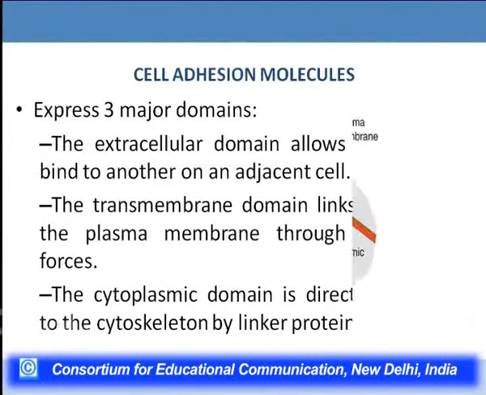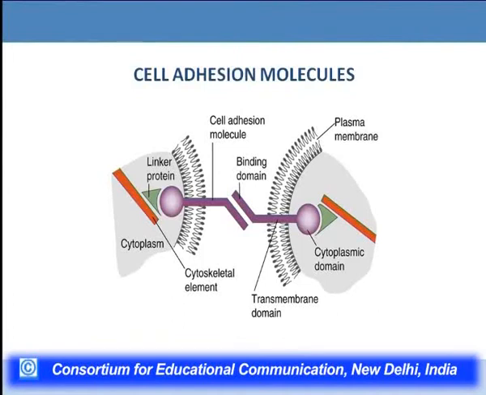Now this particular panel shows us the basic structural features of the cell adhesion molecule. There is a cytoplasmic domain present in the cytoplasm, then there is a transmembrane domain which spans the plasma membrane, and there is an extracellular domain which binds to other such cell adhesion molecules.